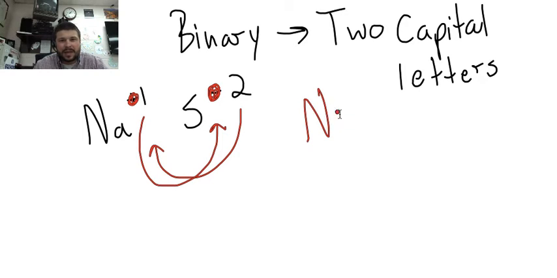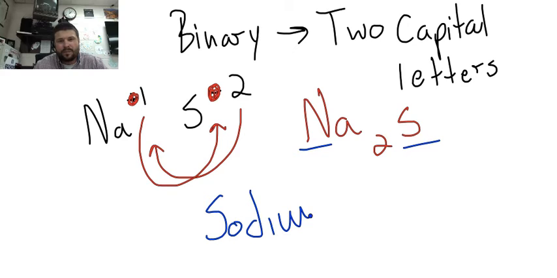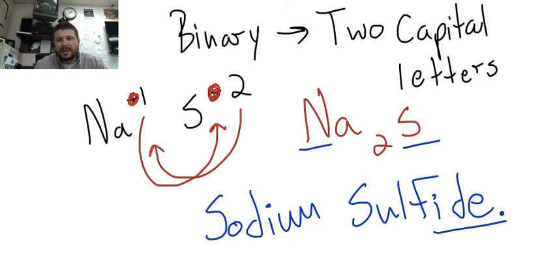So my compound would be Na2S. All right, so you just see here, there are only two capital letters in that compound. All right, if I wanted to name this, it'd be sodium sulfide. All right, IDE ending. So we're all pretty good on that stuff. All right, that's the first category.